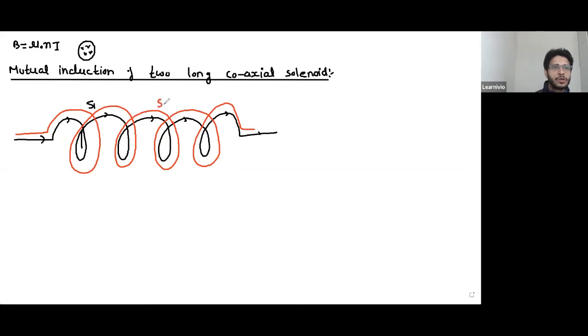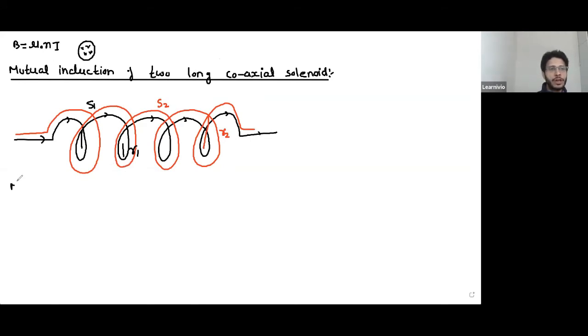And the radius of solenoid S1 is R. So you have two solenoids, they are wound over the same axis. The radius of S2 is greater than that of S1. Now you're supposed to calculate mutual induction of these two solenoids.